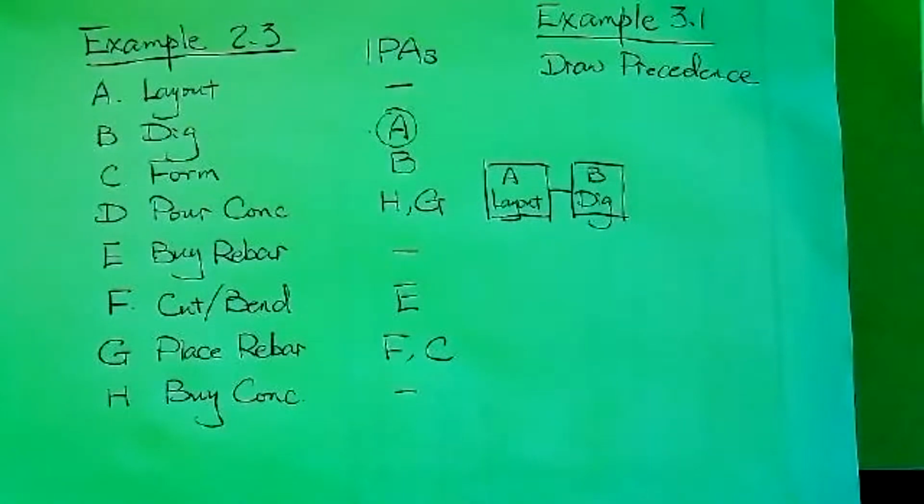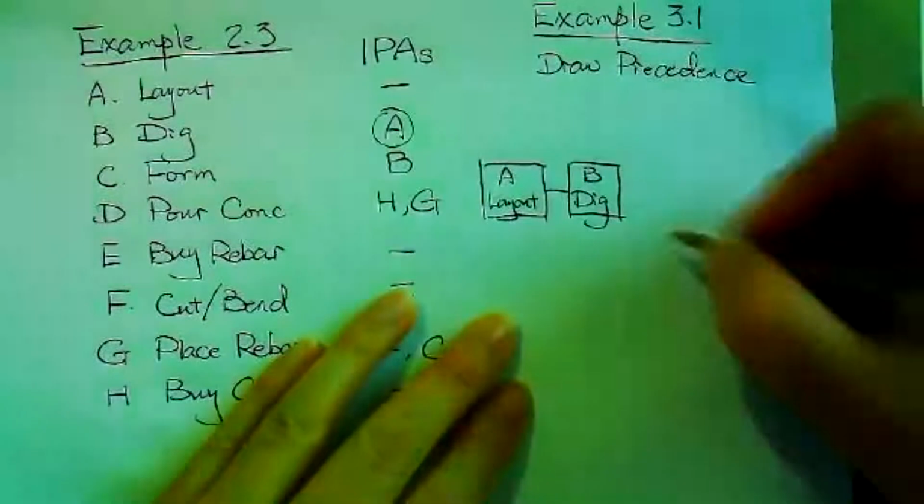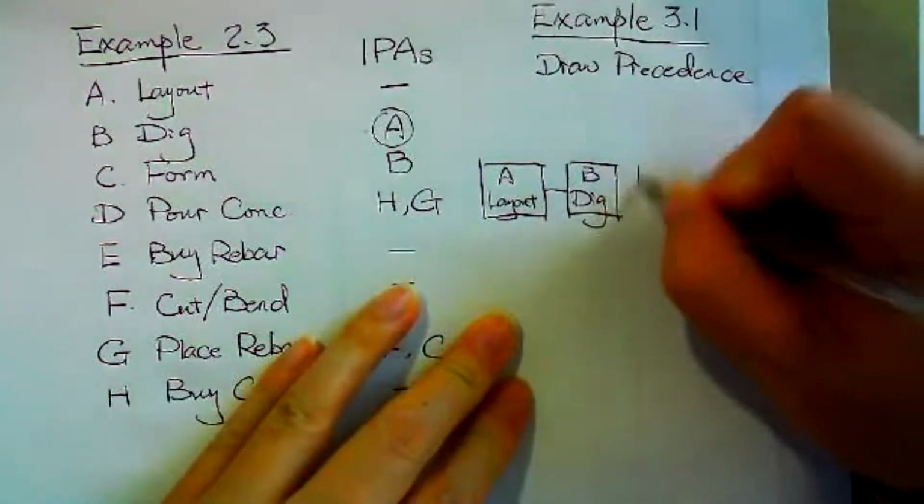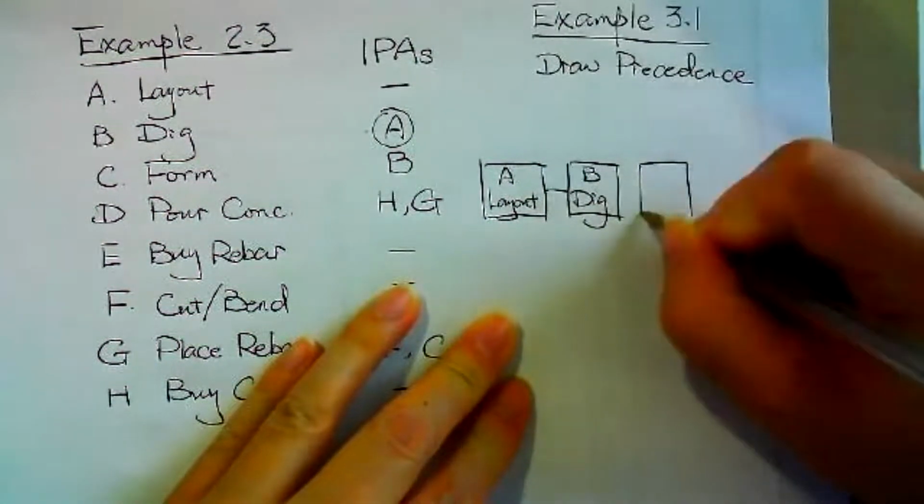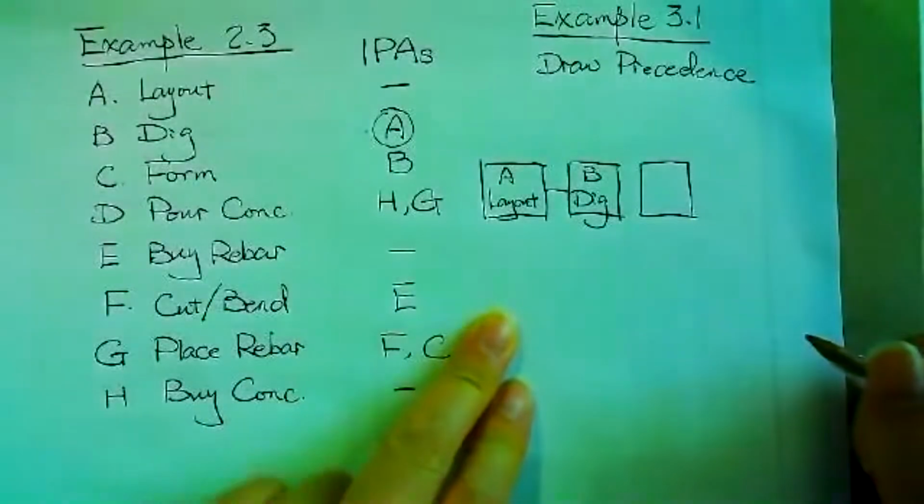So which one follows B? Through the IPA table, which one follows activity B? So what should I draw after B? This node is what?